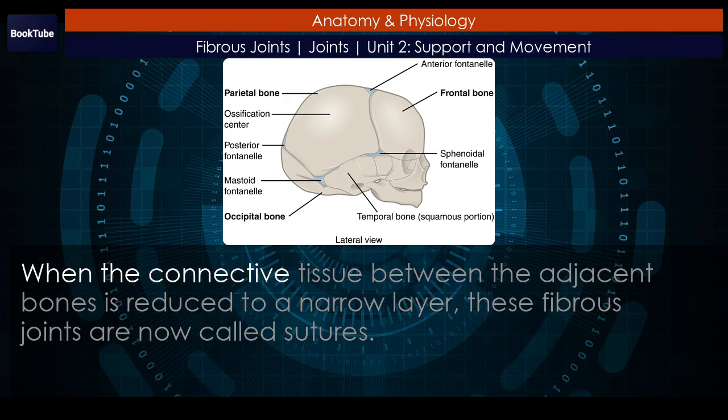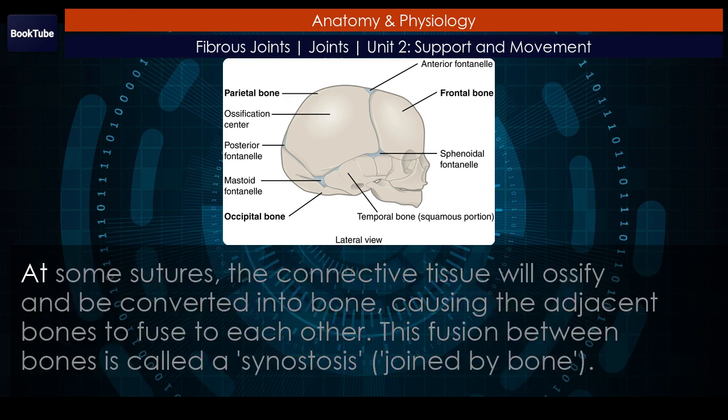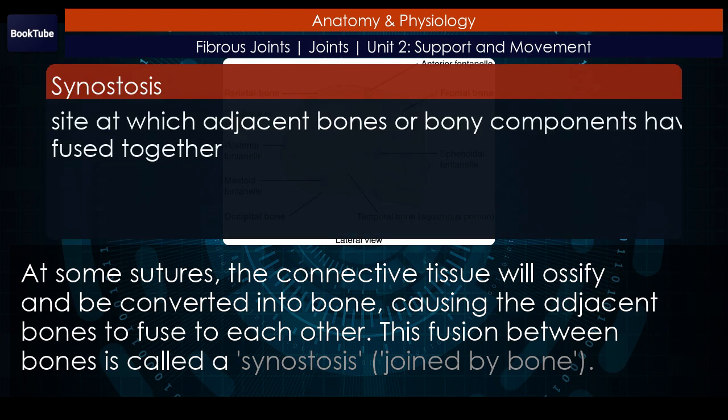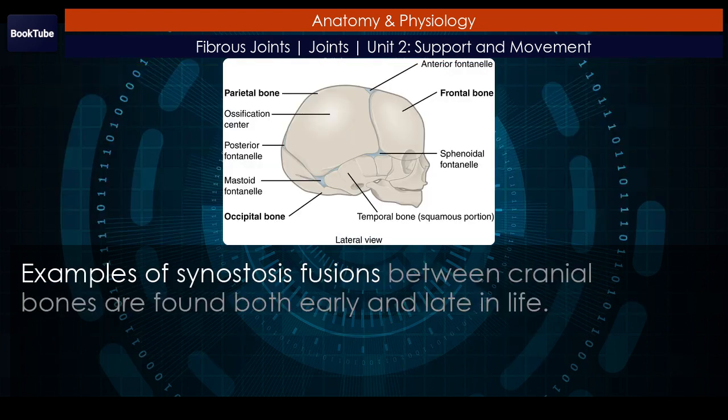When the connective tissue between the adjacent bones is reduced to a narrow layer, these fibrous joints are now called sutures. At some sutures, the connective tissue will ossify and be converted into bone, causing the adjacent bones to fuse to each other. This fusion between bones is called a synostosis, joined by bone. Examples of synostosis fusions between cranial bones are found both early and late in life.